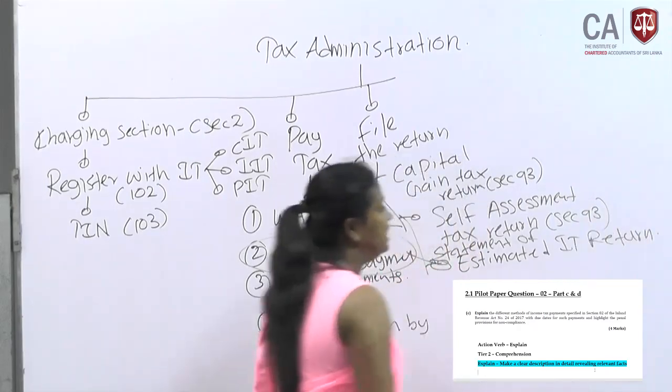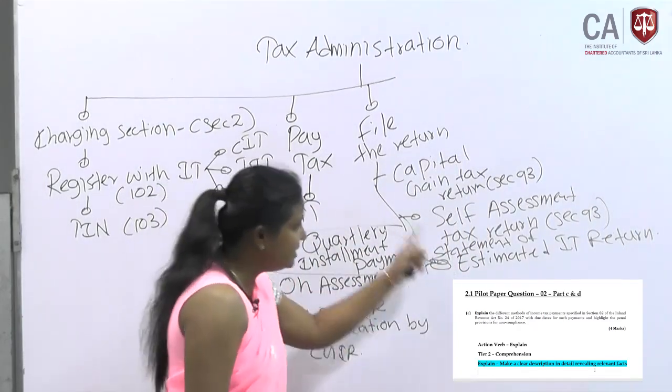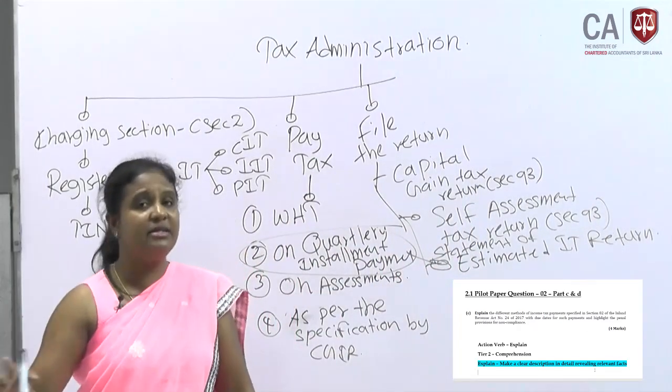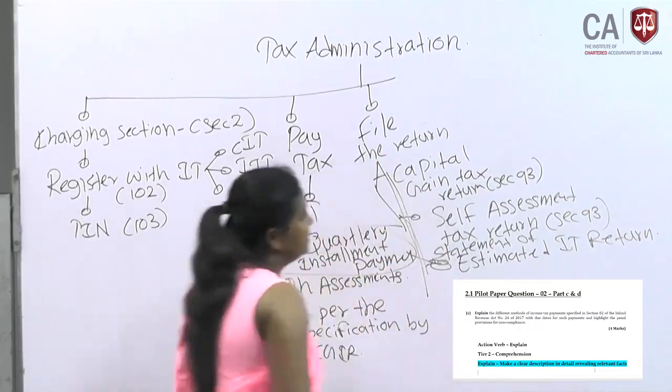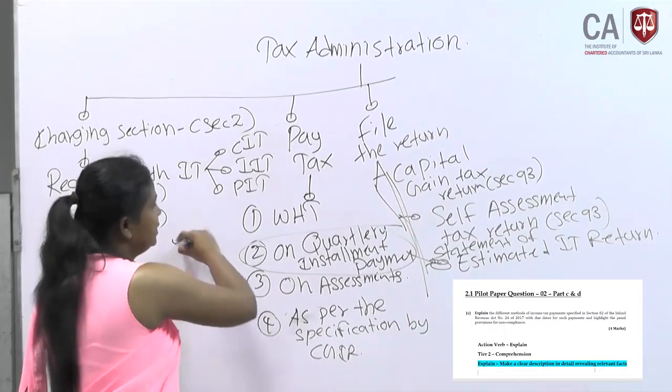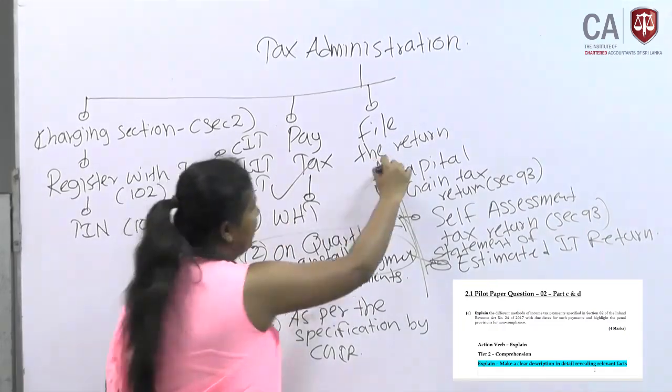We also have withholding tax returns, but the main 3 returns are these. Now you registered for tax, paid tax, filed the return.